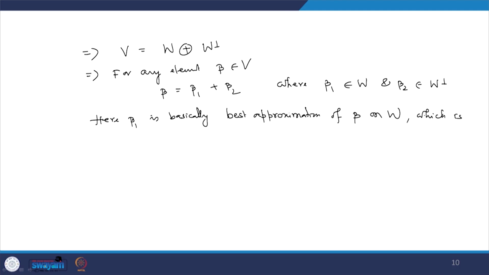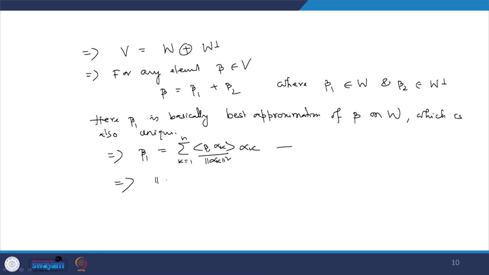So, one can write beta 1 equal to the sum of inner product of beta and alpha k divided by norm of alpha k squared, into alpha k, k equal to 1 to n. This is the best approximation of beta on W. So, this implies that beta 1 is orthogonal to beta 2 also.